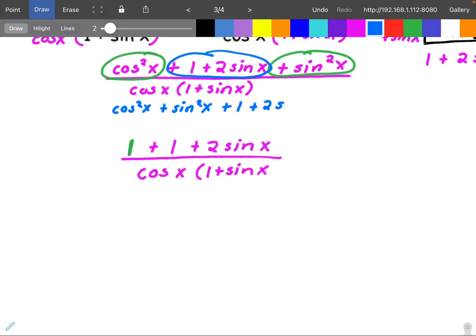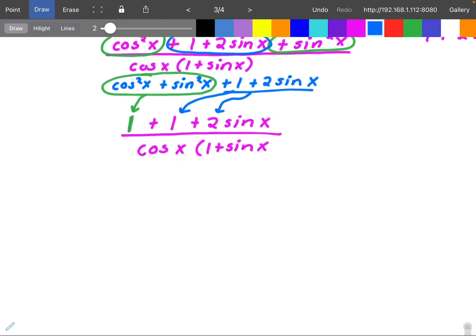So plus 1 plus 2 sine x. And then I can see, oh, cosine squared plus sine squared, that gives me 1. So that's where that came from. And then I have this stuff just followed down.